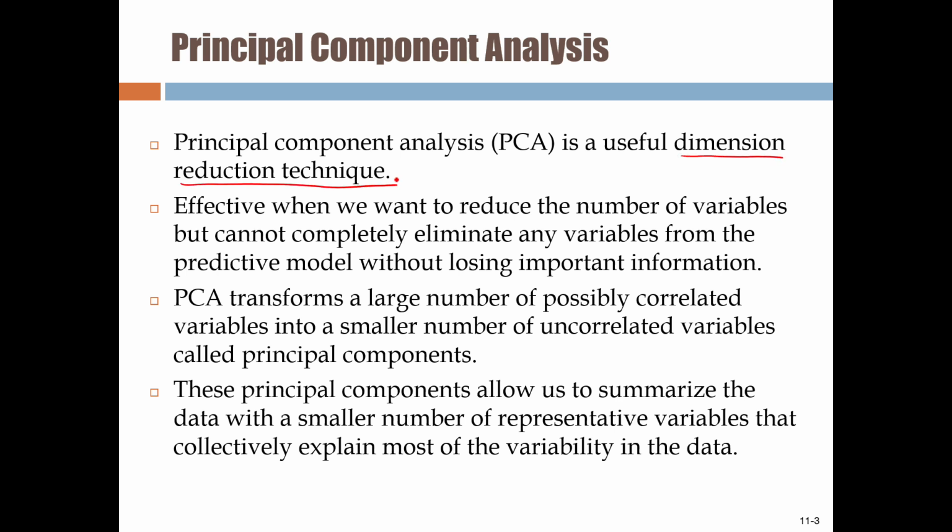Here the dimension reduction technique is trying to reduce the number of independent variables. So we want to have a simple predictor model, and we don't want to use a lot of independent variables. However, I want to have a correct, high accuracy model, right? So this will show you how we can reduce.